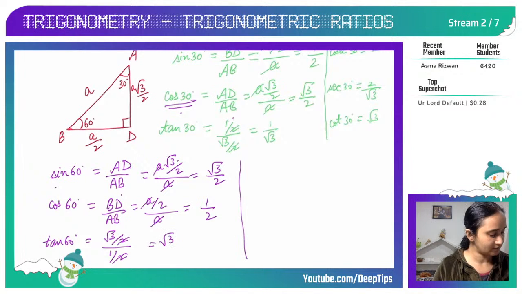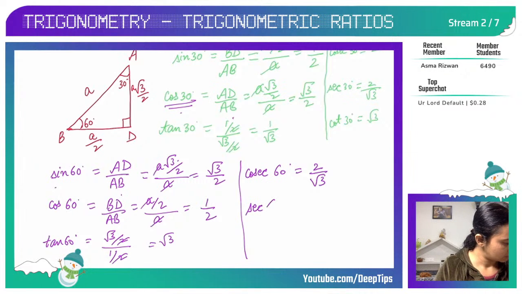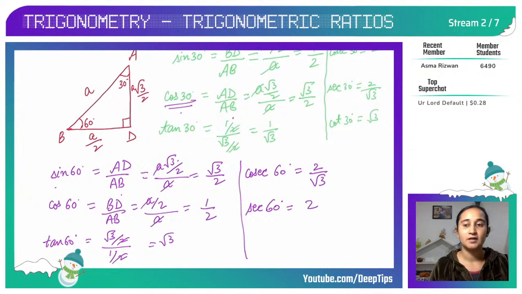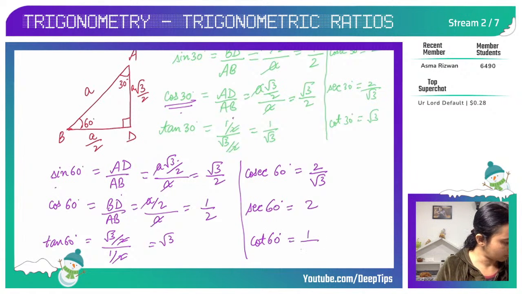Correct? So let's write the remaining trigonometric ratios. Cosecant 60 will be equal to 2 by root 3. So secant and cosecant are complementary, right? So secant 30 and cosecant 60, they both have the same value. Now secant 60 is equal to 2 by 1, which is same as cosecant 30, and cot 60 will be 1 by root 3.